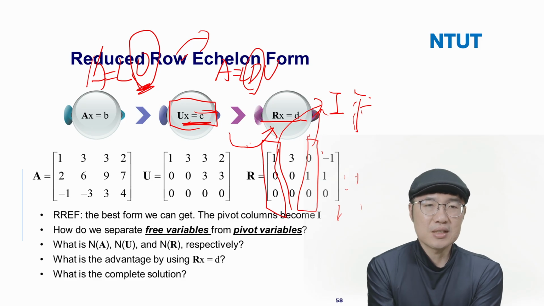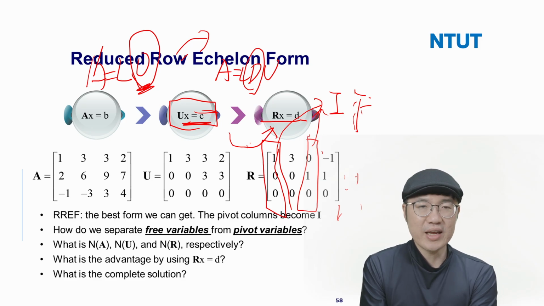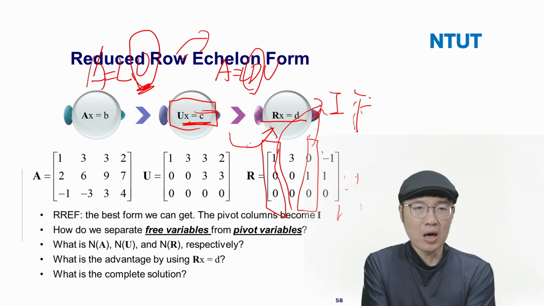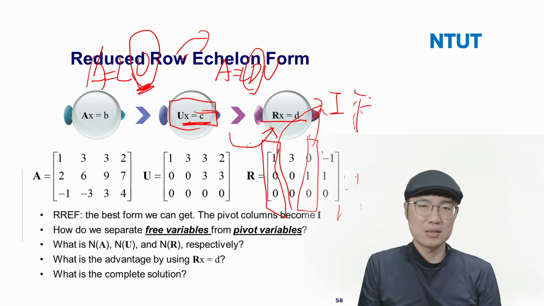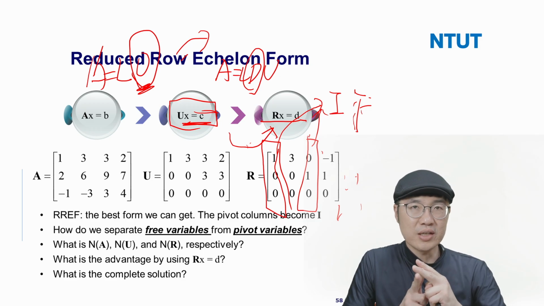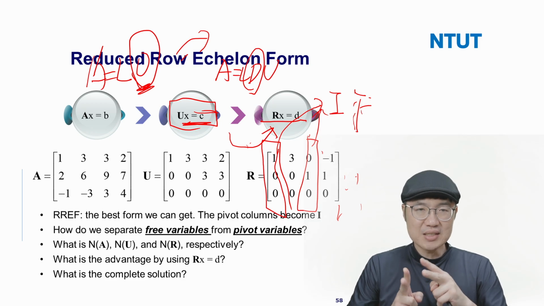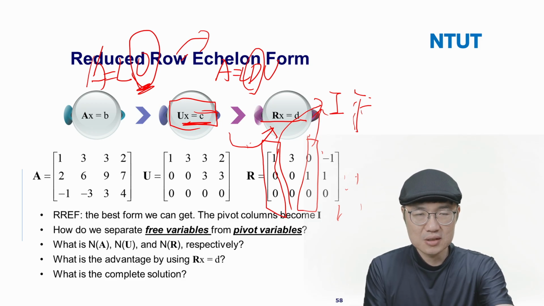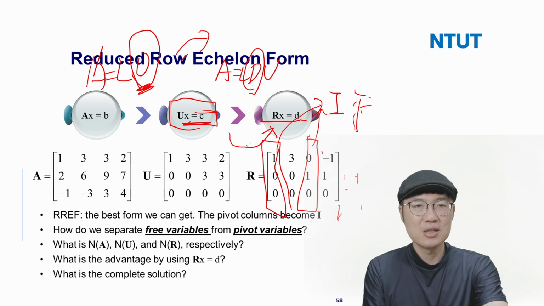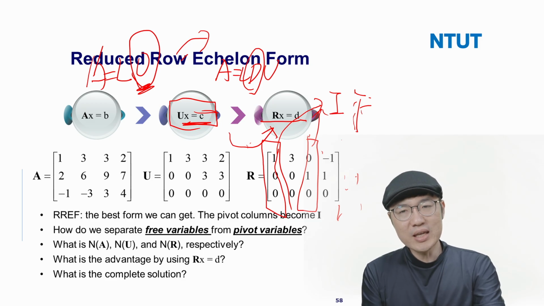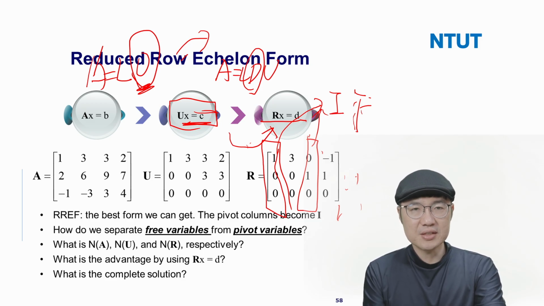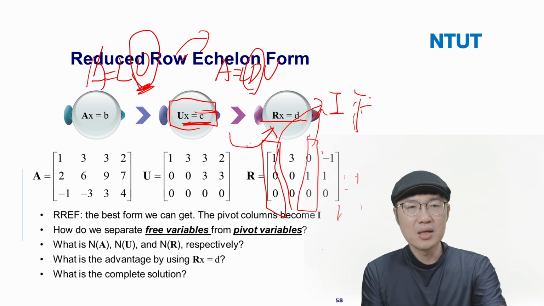We don't do anything about them. They are just there. So the goal for R is to make the pivots clearer. The pivot can be seen using this because all the coefficients are 1. And yeah, there are indeed some benefits from RX equal D. For example, the substitution for free variables would be easier.